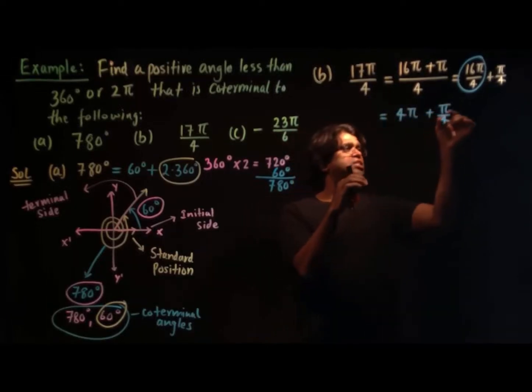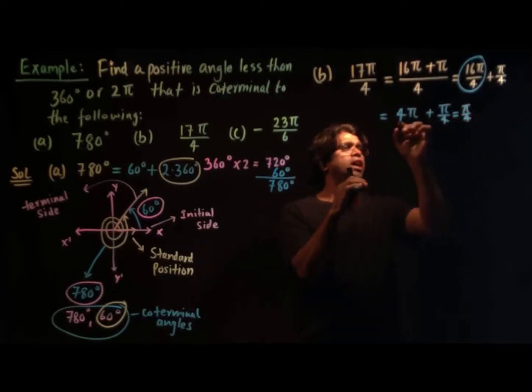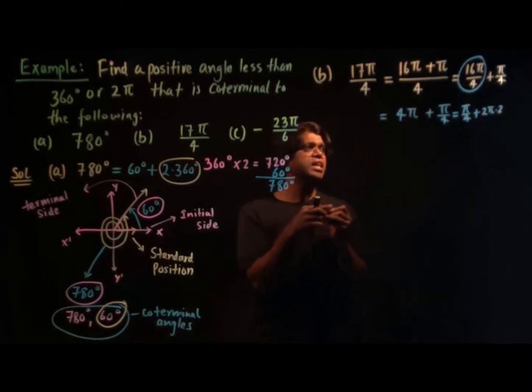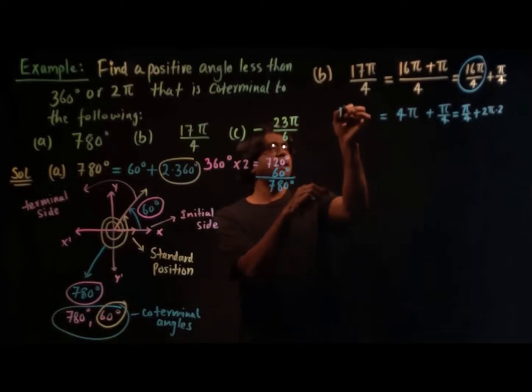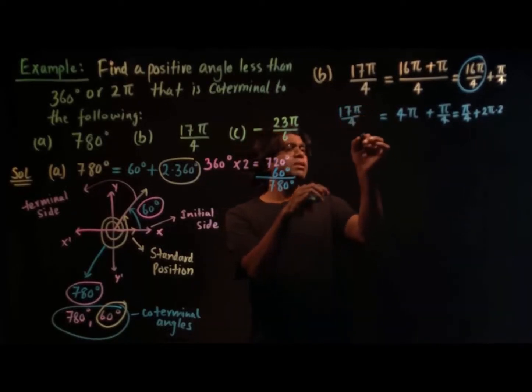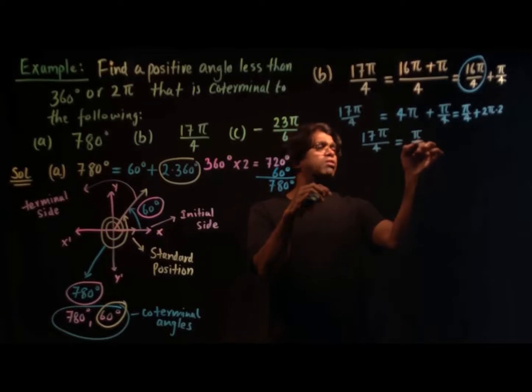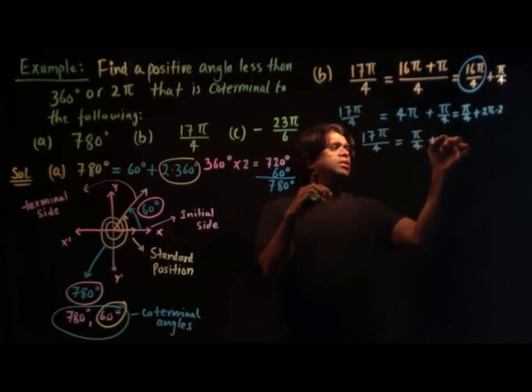If I rearrange this angle, I can write it as pi over 4, and 4 pi can be written as 2 pi times 2. So basically 17 pi over 4 can be written as pi over 4 plus 2 pi times 2.